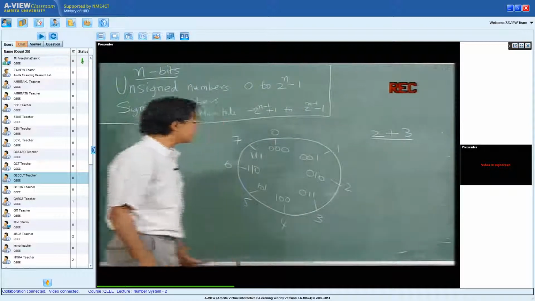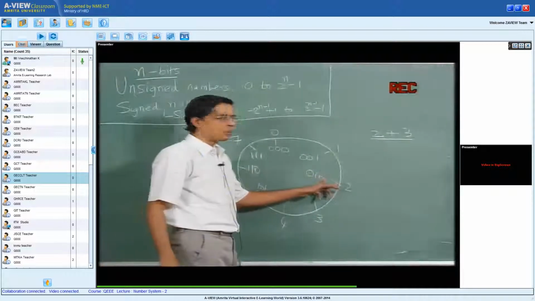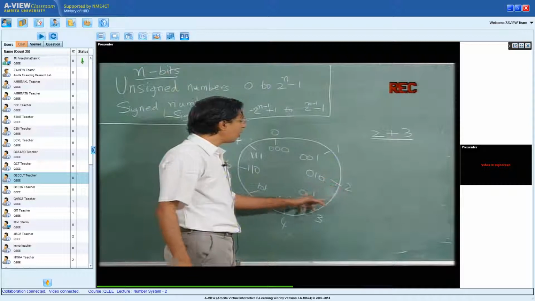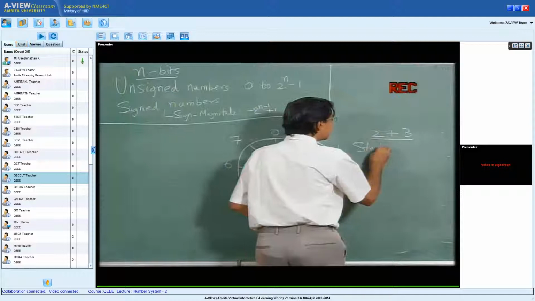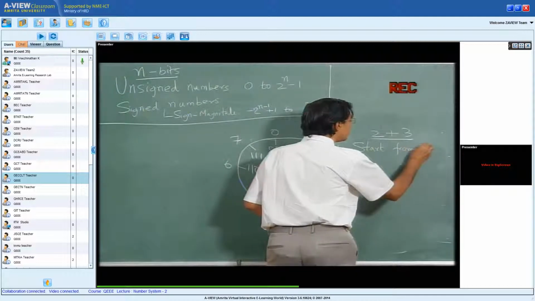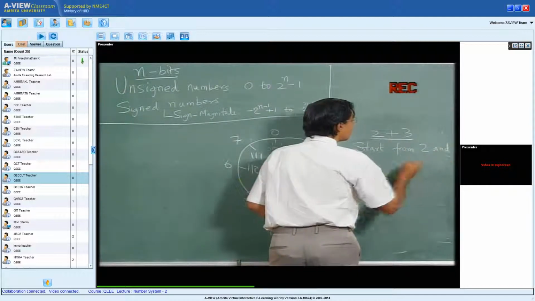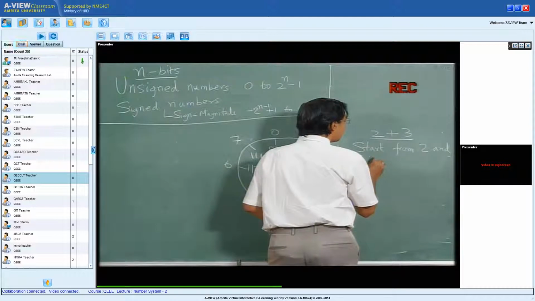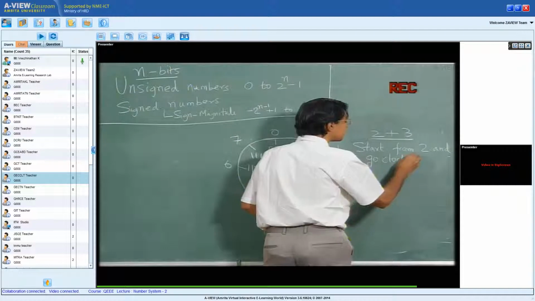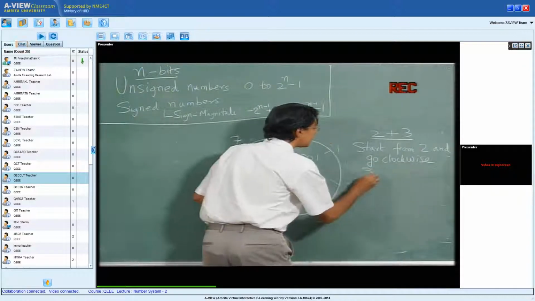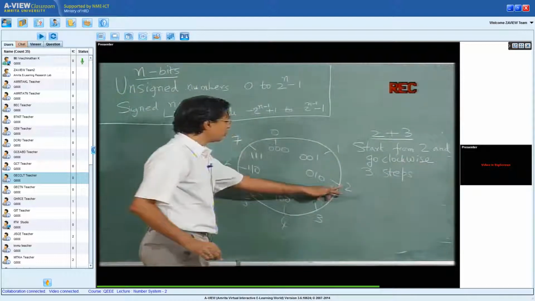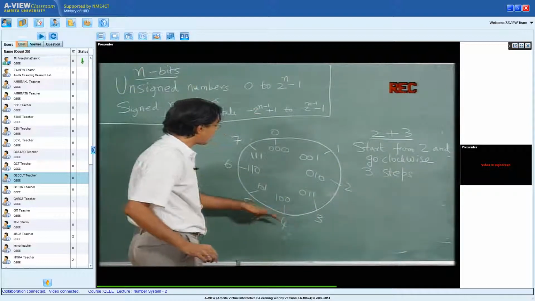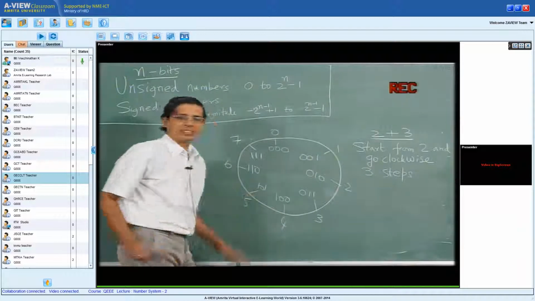How do I do it? I start from 2 and go clockwise 3 steps. From 2, first step, second step and third step. So I reach 5.